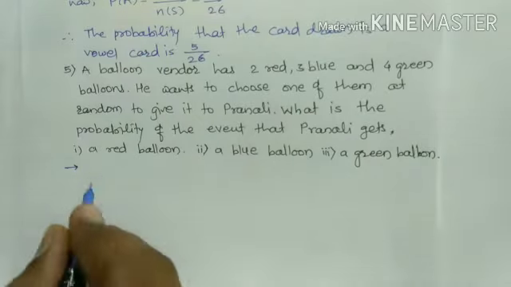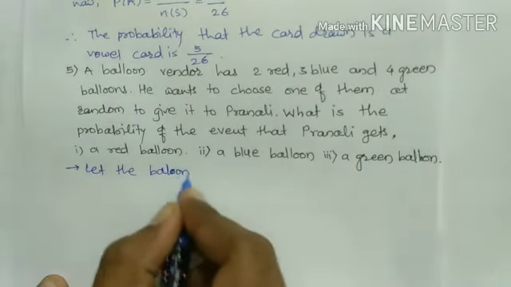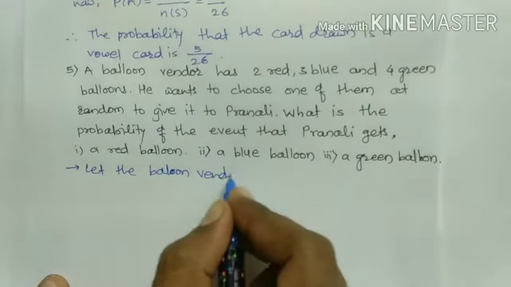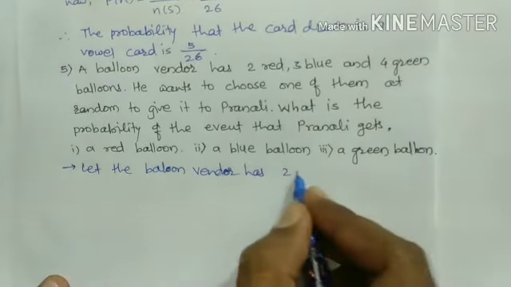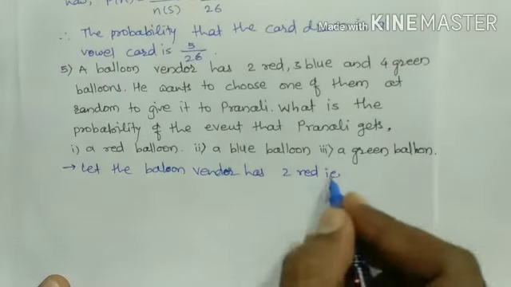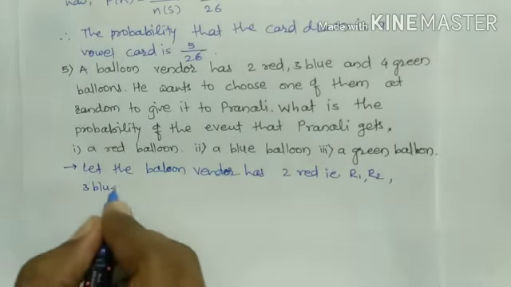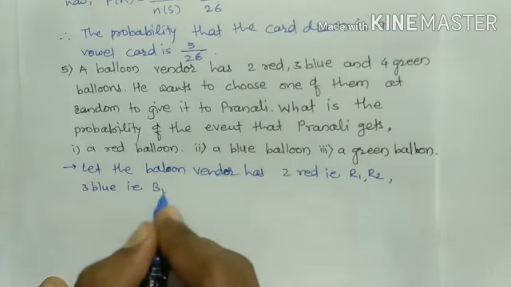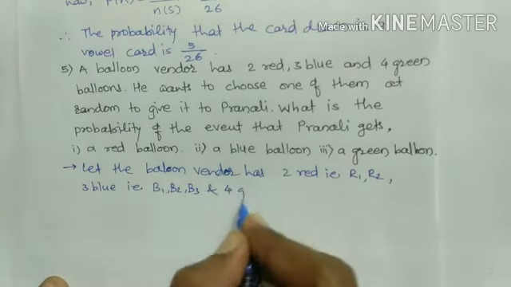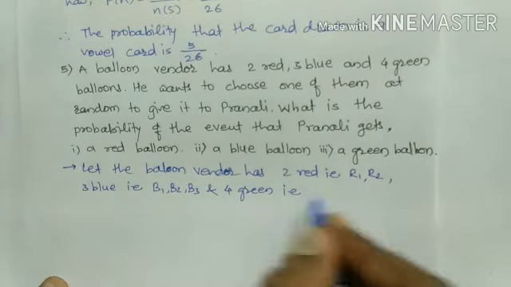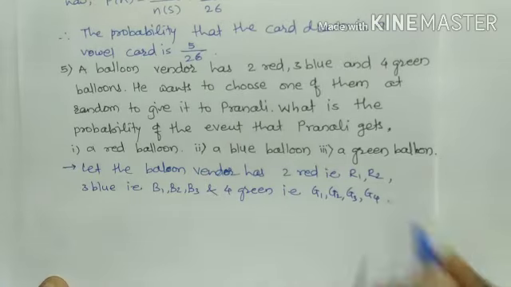See, let the balloon vendor have 2 red, that is R1, R2, 3 blue, that is B1, B2, B3 and 4 green, that is G1, G2, G3 and G4.